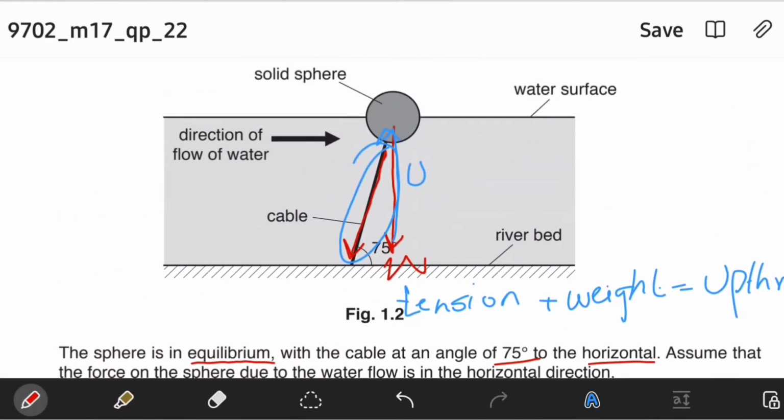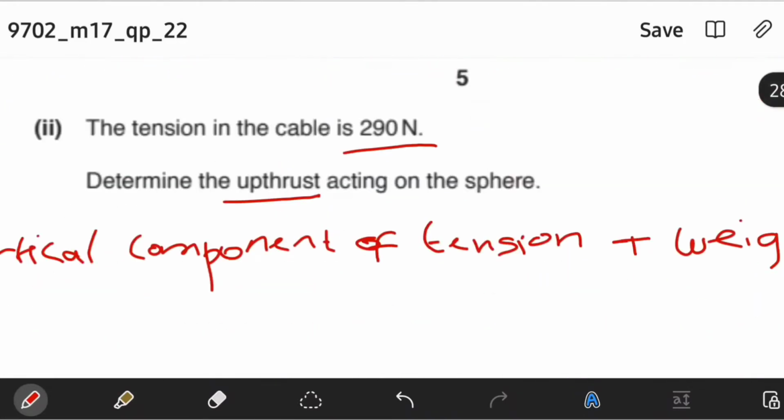Let's try to draw this triangle here. So this is the cable, and you can see that this angle right here is 75, and we have to find the vertical component. So that would become what? We have the tension given to us, which is 290 newtons. We have to find out this part here, so that will become sine 75 into 290.